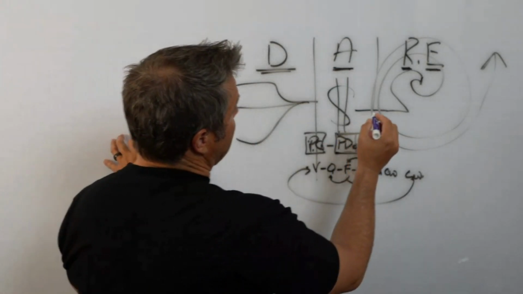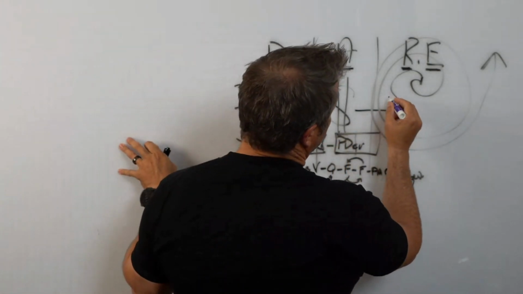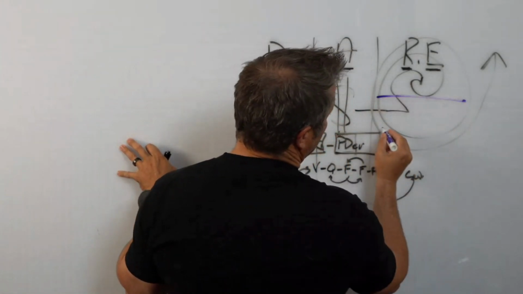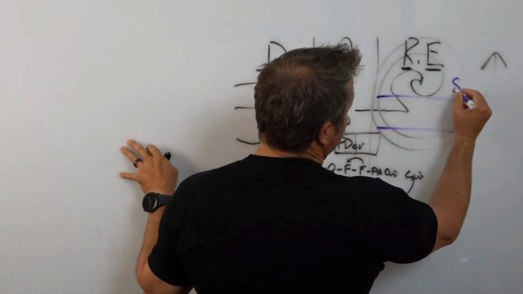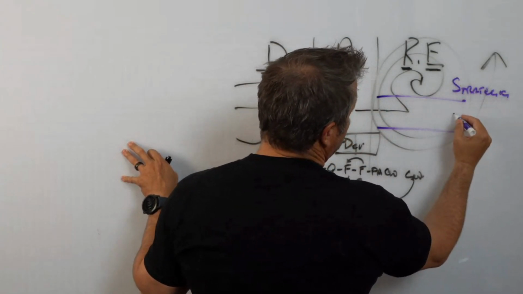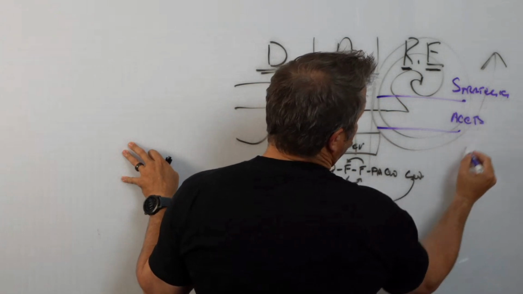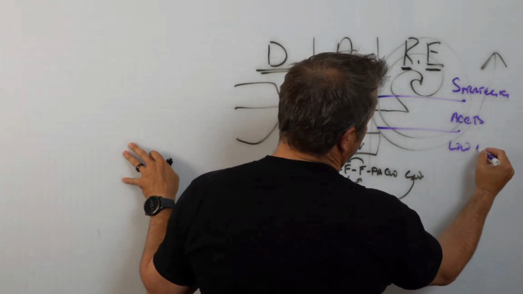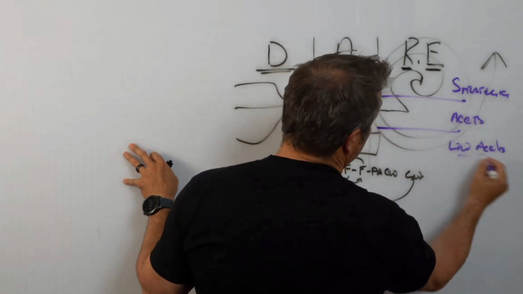Well, let's break these down into smaller pieces and say on the retention and expansion, we might break into strategic accounts, general accounts, and low accounts, whatever your categories are.